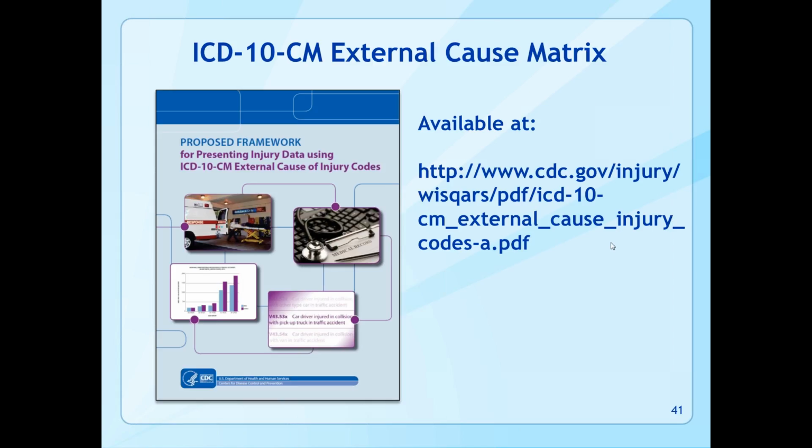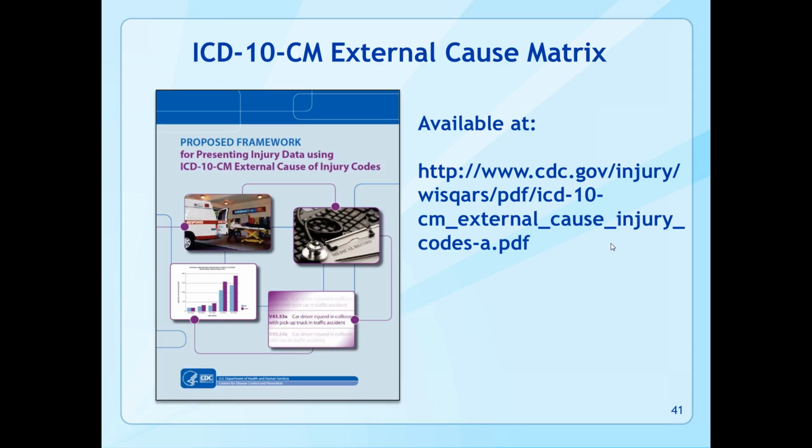So the final topic I want to mention is some work that's been done recently by the National Center for Health Statistics and the National Center for Injury Prevention and Control at CDC. And this is the proposed ICD-10-CM external cause matrix. The external cause matrix is a way of organizing all of these external cause codes by mechanism and intent of injury.